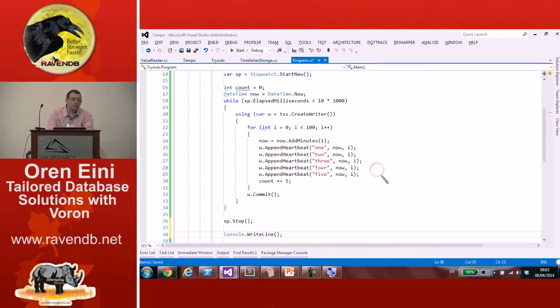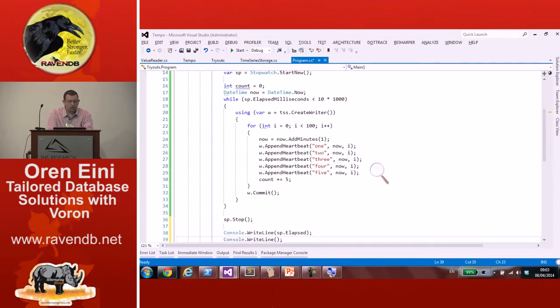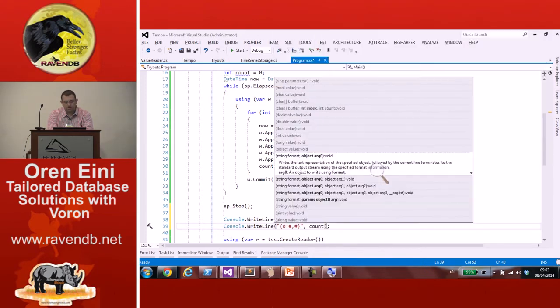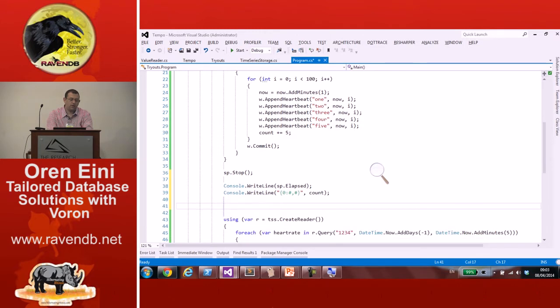And what I want to see now is the amount of time that it actually took, the number of items that we push into this, and count per millisecond.